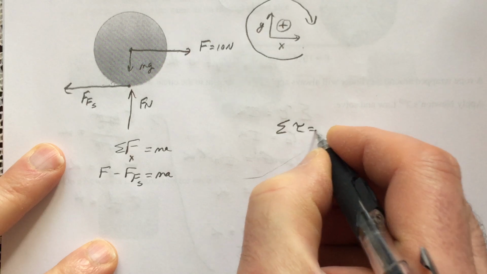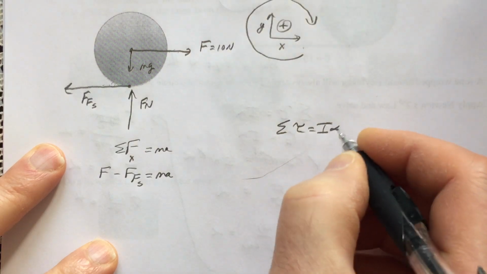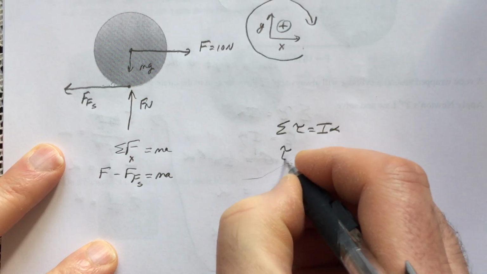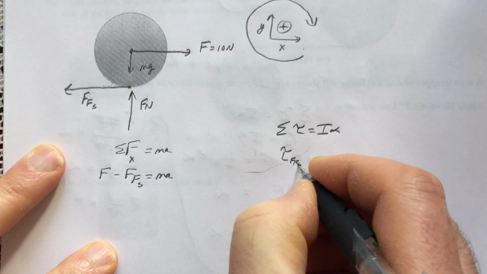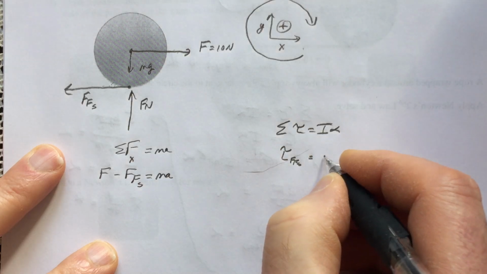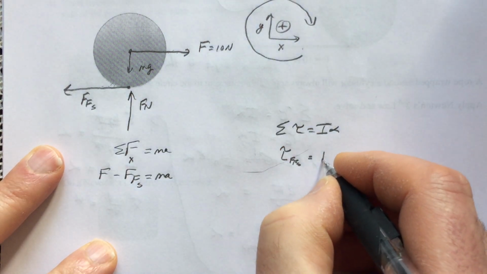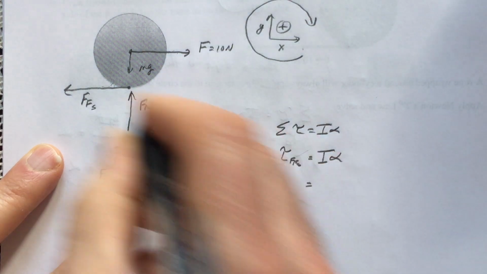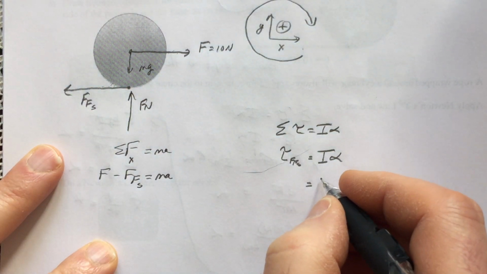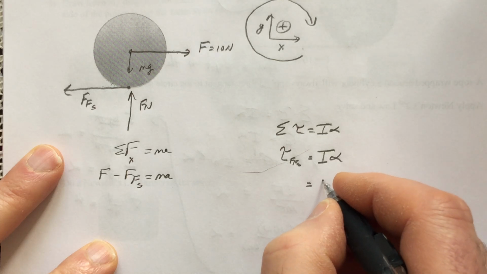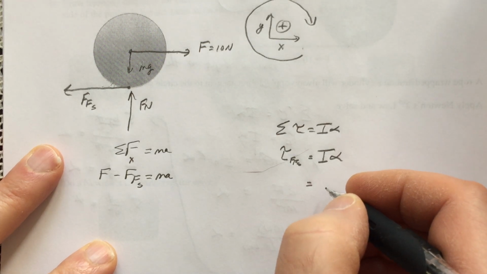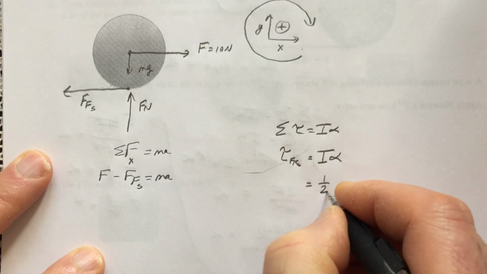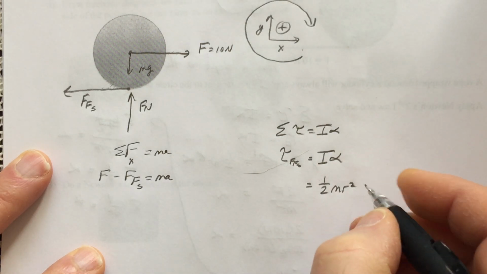Sum of my torques equals I alpha. My torque, caused by my force of friction static, is equal to my I times alpha. All right, it's a solid disk, so that solid disk is going to wind up having a moment of inertia of 1/2 mr squared.